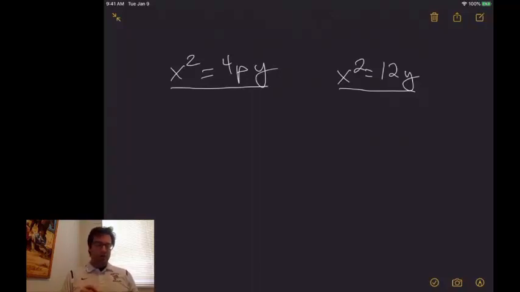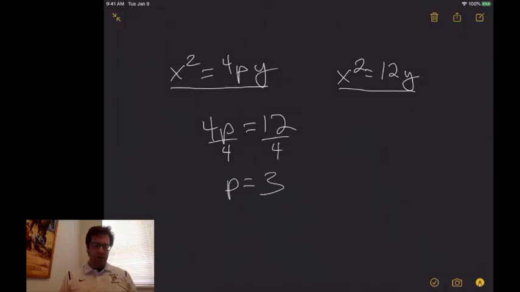So what I'm going to do here is, because they're both in the same place, I can set 4p equal to 12. Because that's what I want to figure out. I want to figure out, for this parabola, what would the value of p be? And so we solve for p, divide both sides by 4, and I get p equals 3.